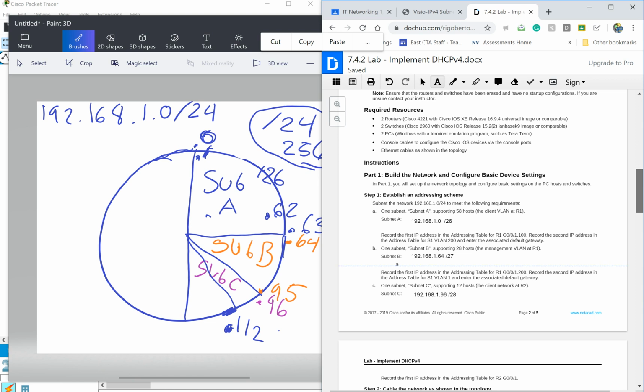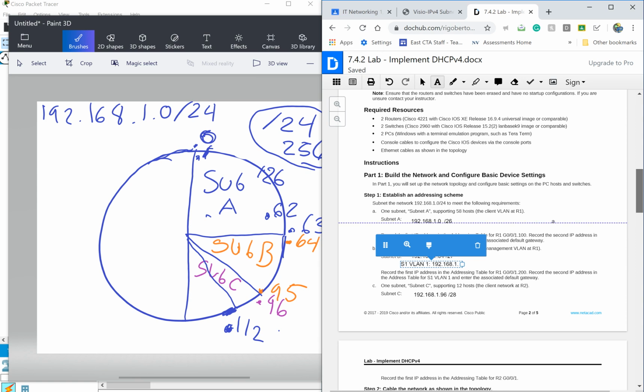So what we're going to do is annotate right there: S1 VLAN 1 is 192.168.1. I can't see it because the cursor is in the way. .64, we used .65, so it's going to be .66, right?